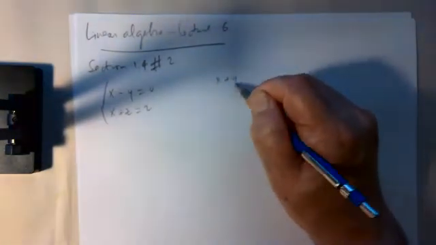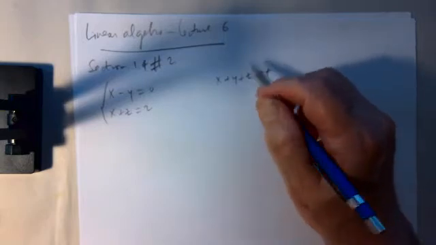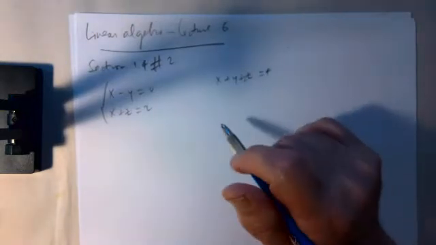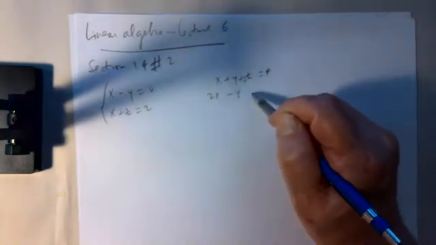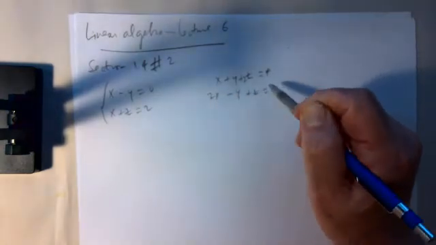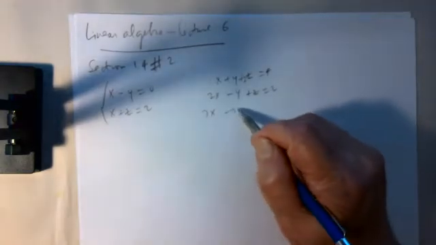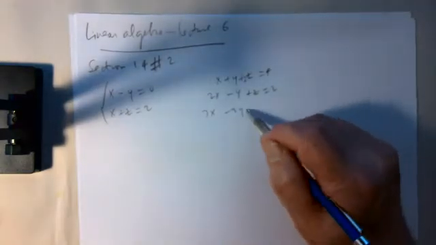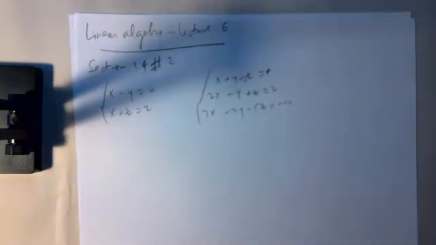And we have another system: x plus y plus z equals 4, x plus y plus 2z equals 4, 2x minus y plus z equals 2, and 7x minus 2y minus 5z equals minus 10. To say these systems are equivalent means that they have exactly the same solutions.